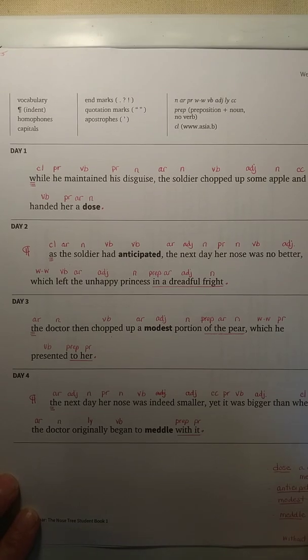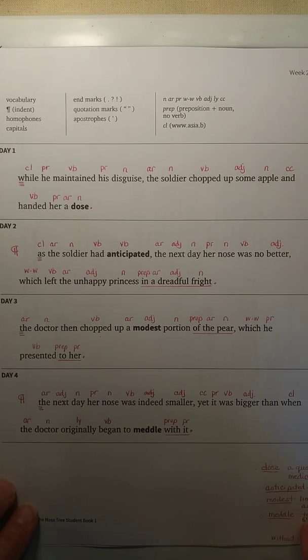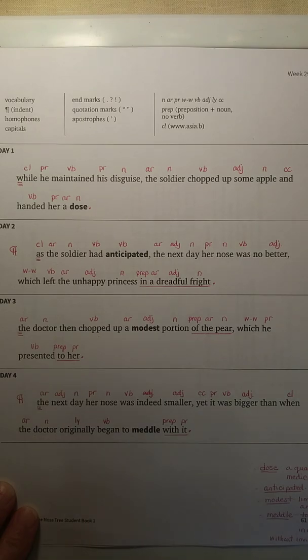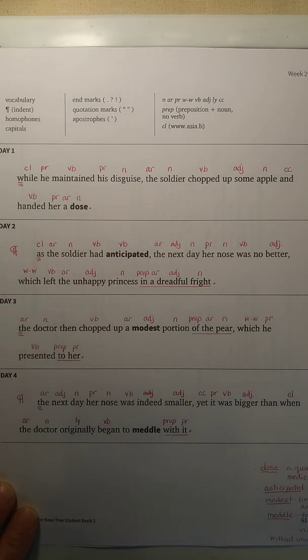Alright, so I'll read the story first. While he maintained his disguise, the soldier chopped up some apple and handed her a dose. Okay, and you know what a dose of medicine is, right? If you've ever had to take medicine, it's just a certain quantity of medicine, maybe a teaspoon or a tablespoon.